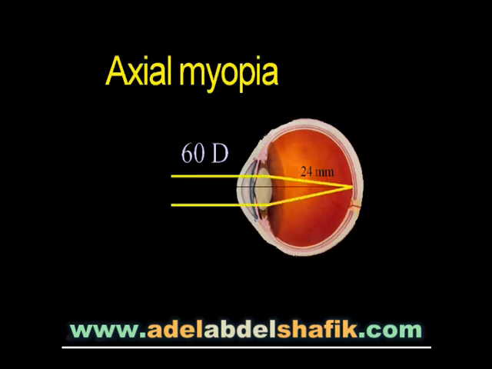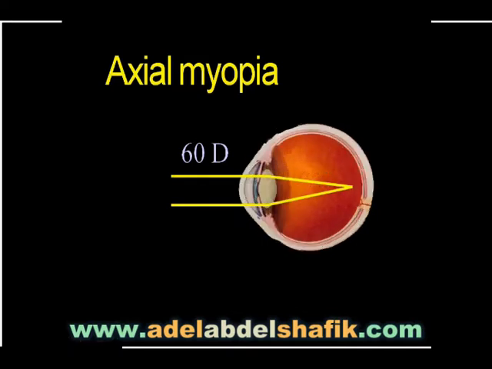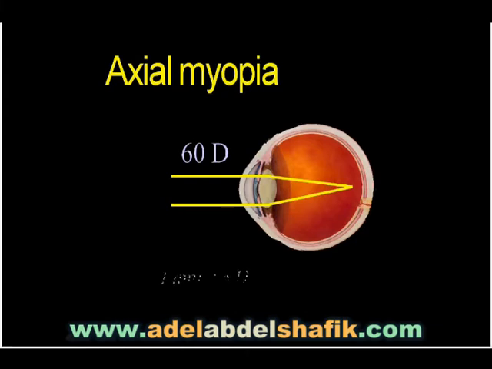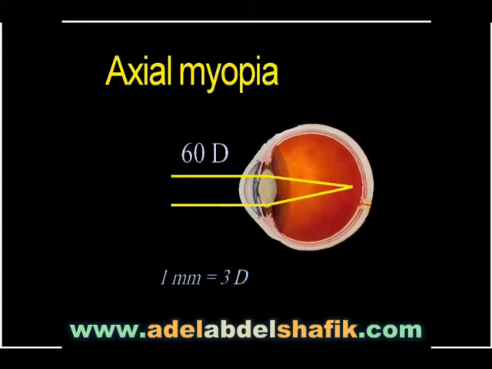This power allows parallel rays to be focused on the retina, which is 24 millimeters from the cornea. Imagine that we have a larger eye, an eye with an axial length of 25 millimeters. In such a case, the focus will be at only 24 millimeters, that's 1 millimeter ahead of the retina. So this is an axial myopia. Each increase in length of 1 millimeter will result in 3 diopters of error.